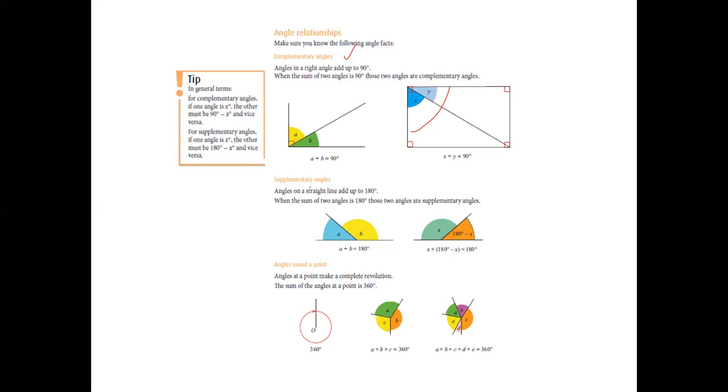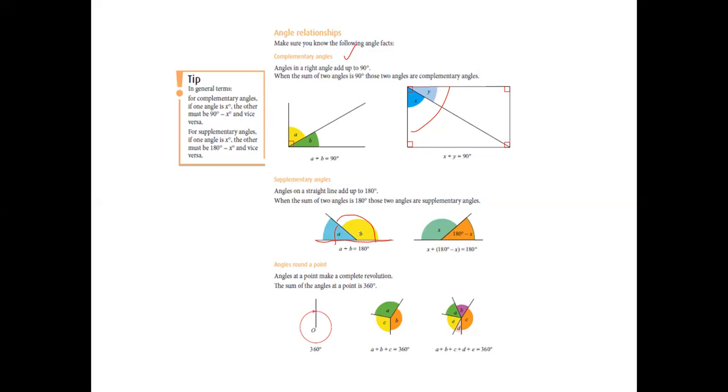And supplementary angles: angles on a straight line add up to 180. When the sum of two angles is 180, those two angles are supplementary angles. For example, A plus B on a straight line. A straight line is always equal to 180, and A plus B is 180 because one is an acute angle and one is an obtuse angle.